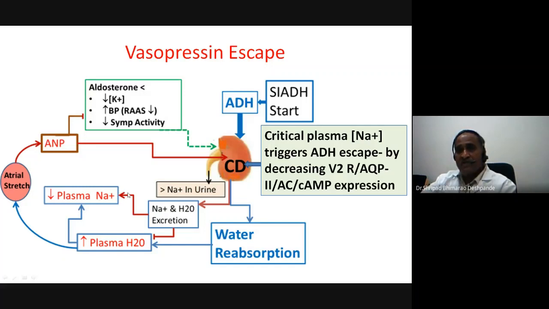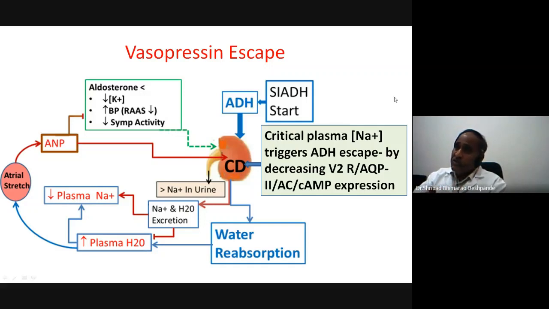So this further decreases the sodium level in the third count. One count is dilution, the second count is the ANP effect, the third count is the aldosterone non-participation. These all lead to low plasma sodium level. Now, what happens? Why am I concentrating on the plasma sodium level?